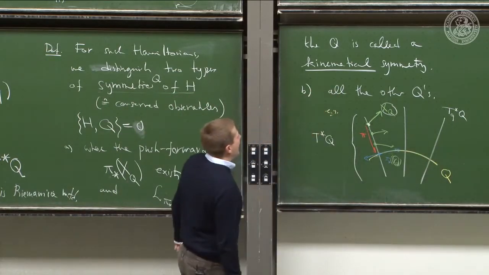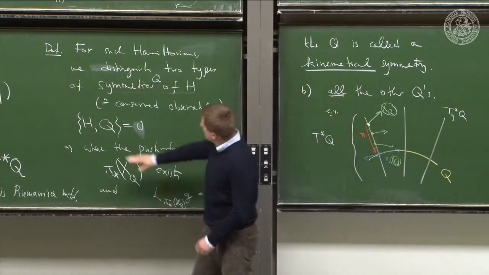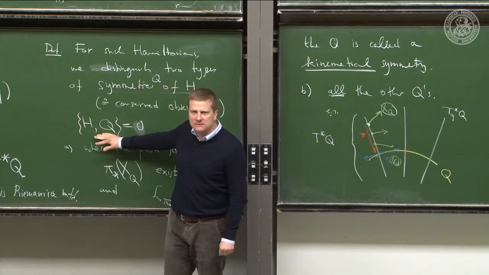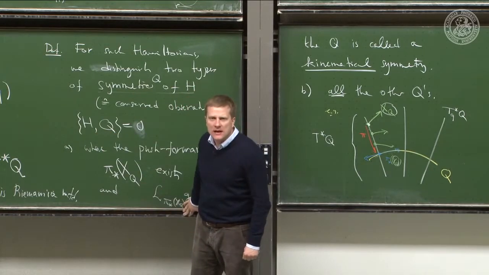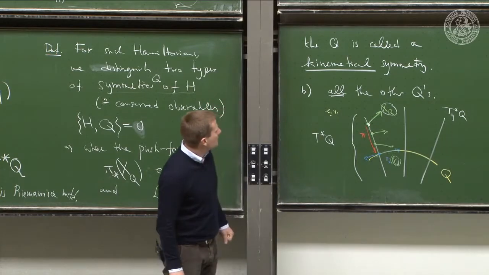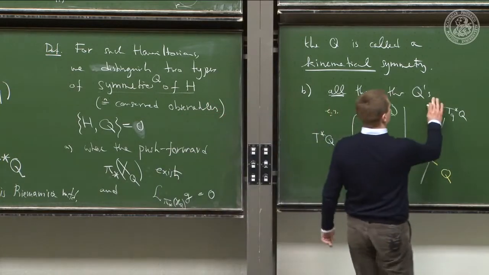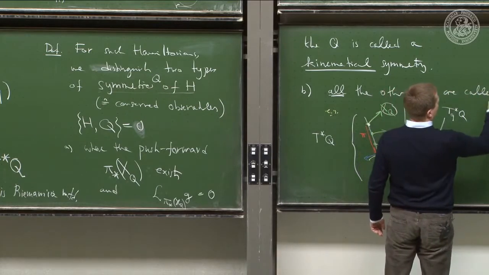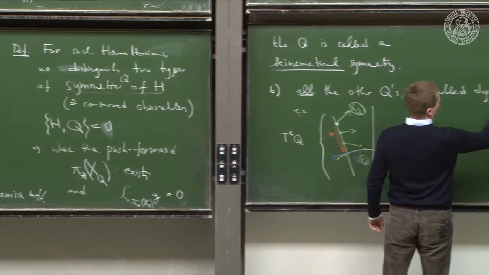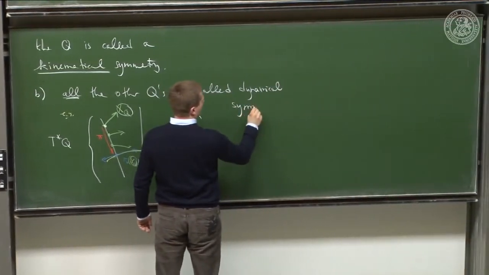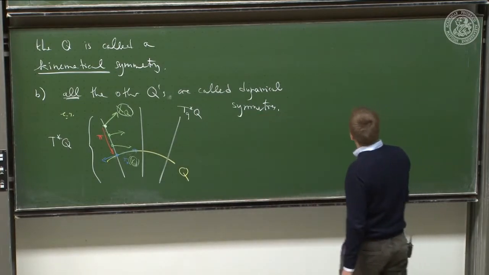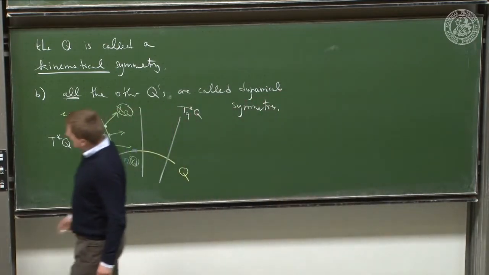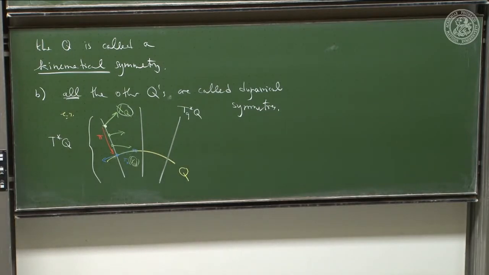Okay. And all the other conserved quantities we find in classical mechanics, where, for instance, this guy doesn't even exist and we don't need to check more, are called dynamical symmetries. Okay, so let me point your attention to the fact that it needs to be a symmetry.